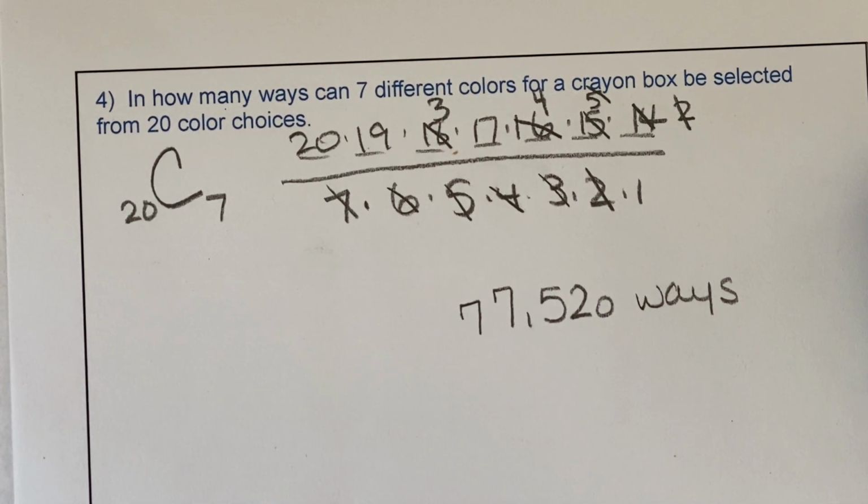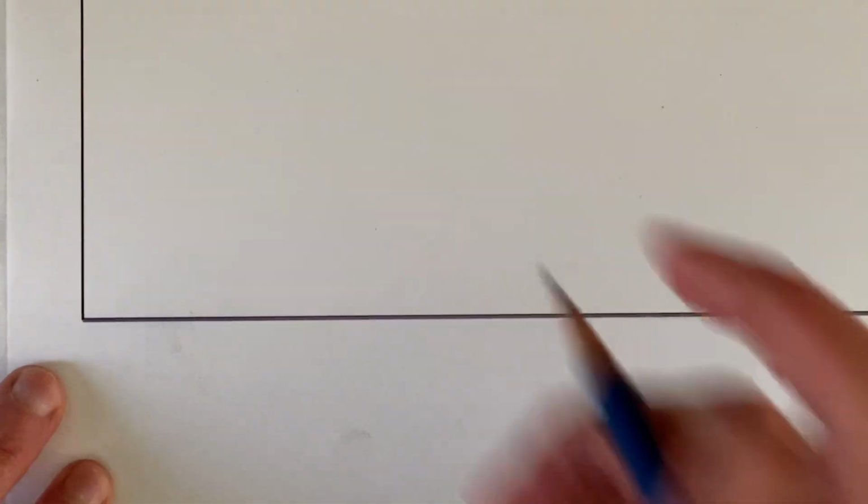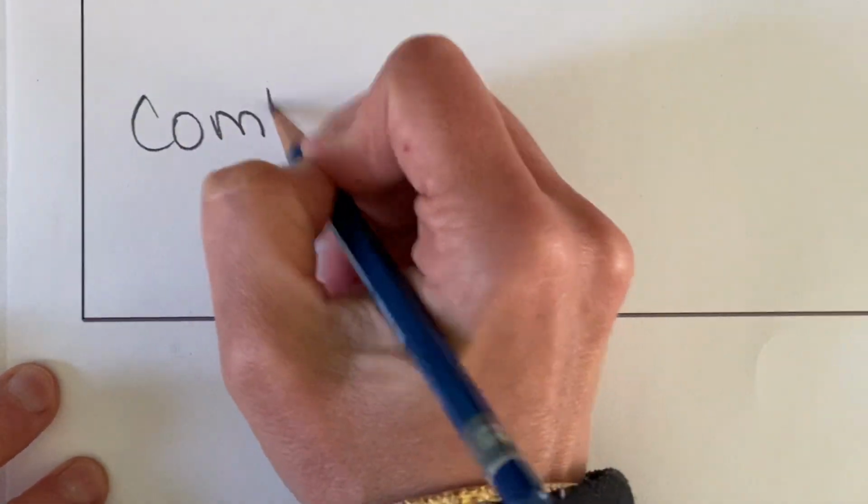I want to backtrack for a minute. Do you remember when we did the permutation lesson, and they talked about a lock, right? We call the locks on your lockers combination locks, right?